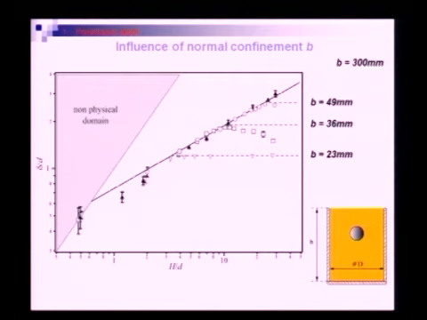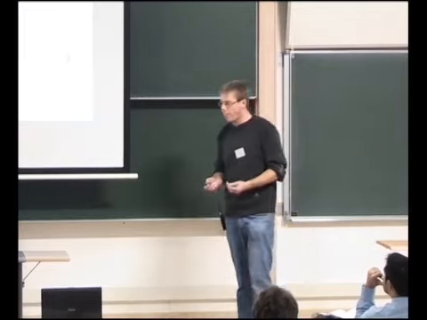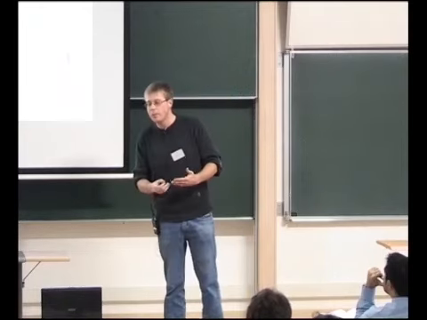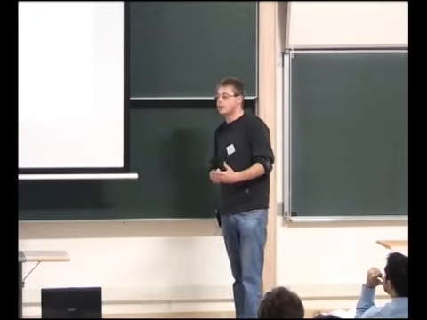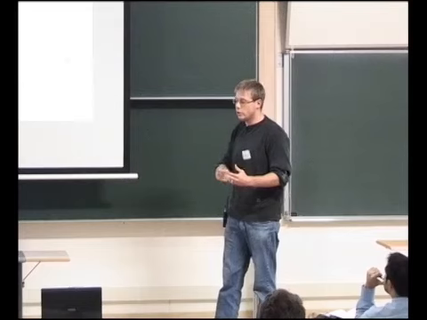And here, after this point, there is a rebound of the projectile on the bottom. So here we touch the bottom, and then it's a rebound of the projectile on the bottom. So we don't consider this part. So when you see that curve, that means the normal confinement has no influence on the penetration depth.